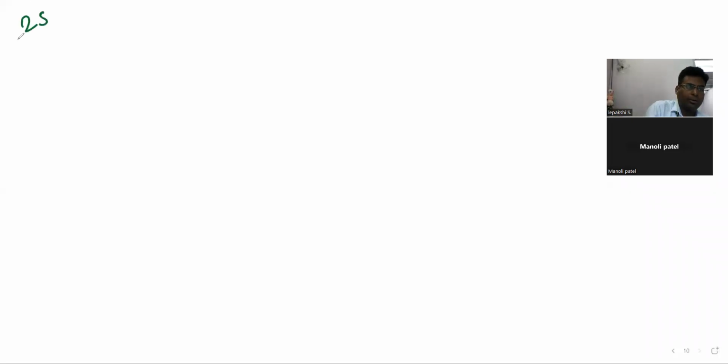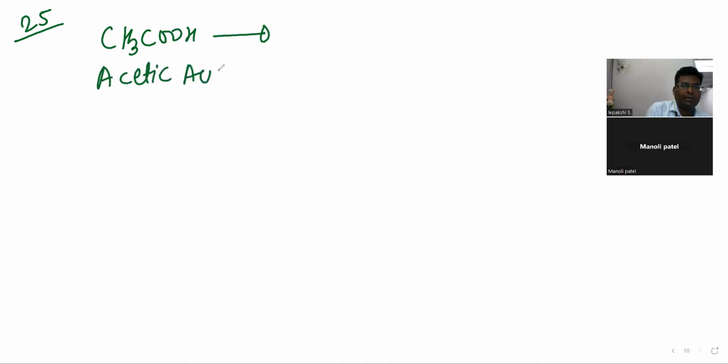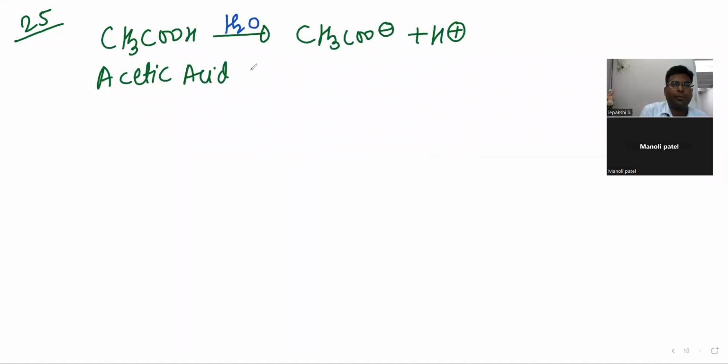Now look at question number 25. Aqueous solution of acetic acid contains, so there is acetic acid, CH3COOH. It dissociates into CH3COO minus, the acetate ion, and H plus ion. When it also reacts with water, since it is talking about aqueous solution, I will use water here. What will happen?